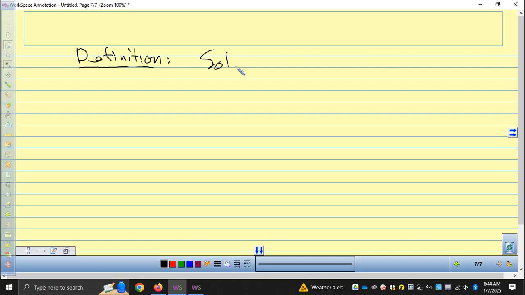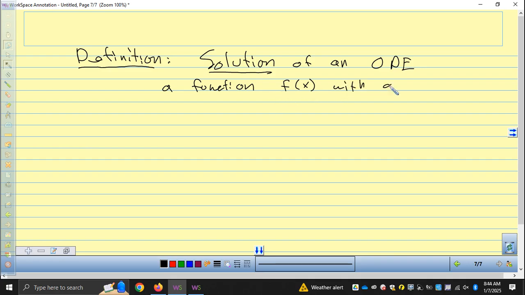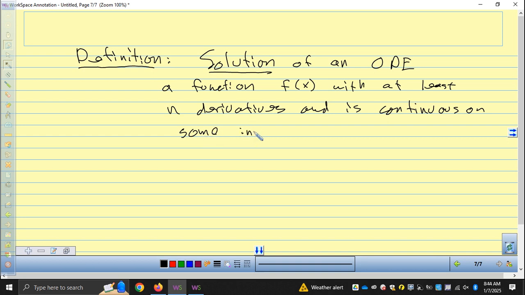A solution of an ordinary differential equation is a function f of x that has at least n derivatives and is continuous on some interval. And it has to satisfy the equation.